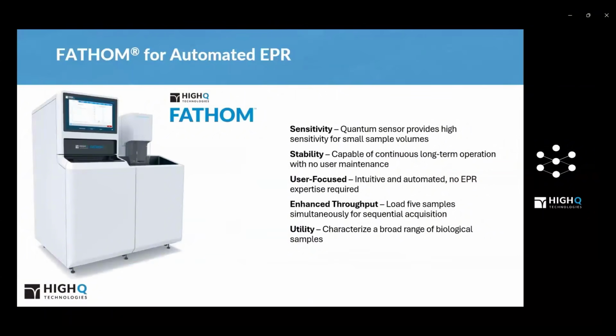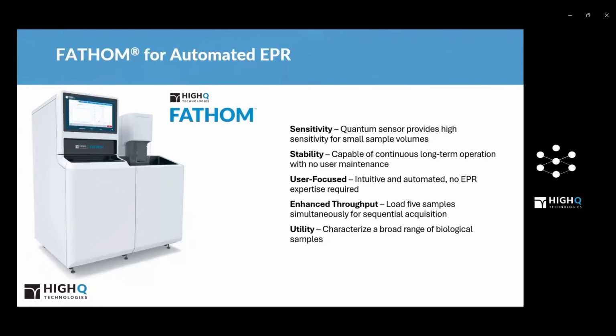And so at HiQ, we do this through FATHOM, which is our automated EPR system. So this is all in one, everything you need to run these EPR distance measurements. And so we've designed this with an emphasis on sensitivity and stability, so that you can measure low concentration samples, low population states, and that the instrument itself is stable enough to run for the periods of time necessary to collect all that data.